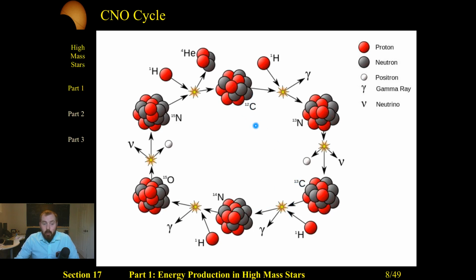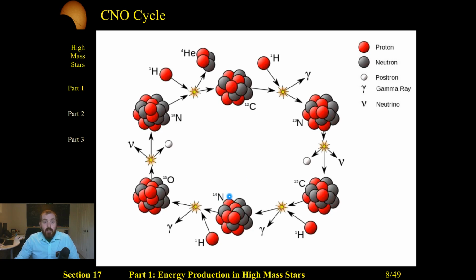These two are both chemically carbon, 6 protons, but their number of neutrons is different. So this C13 hits a proton, photon out, and we now have nitrogen-14. Count the nucleons, 13 to 14. So we have this nitrogen-14. This is relatively stable. This is going to stick around for a long time.